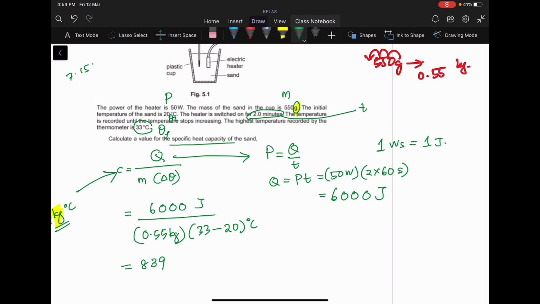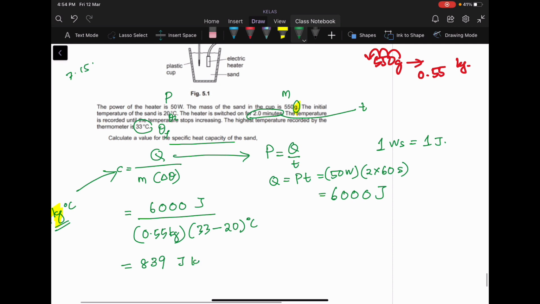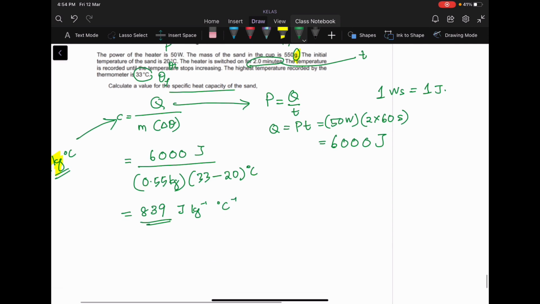You just use your calculator, don't do it in your head. The unit is joule per kg per degree Celsius. If you want to round it off, or if you don't see 839 in the options of answers, maybe they round it off to 840, two significant figures.